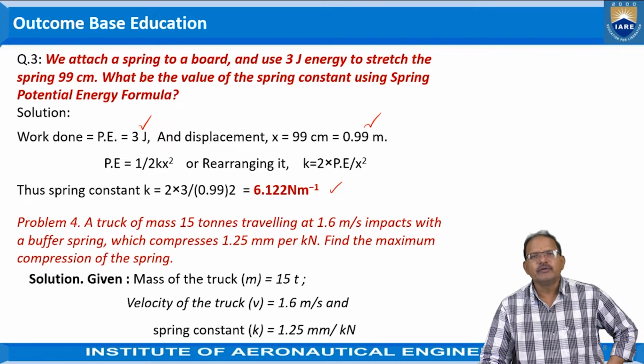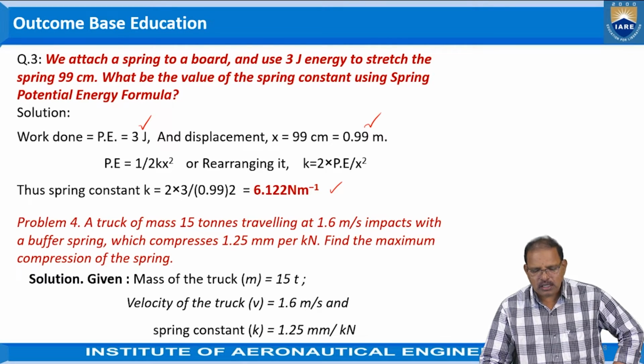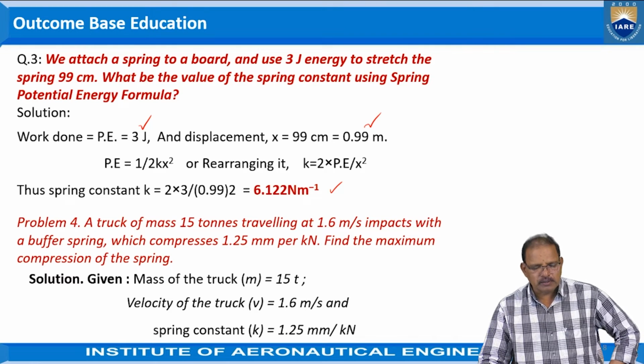A truck of mass 15 tons traveling at 1.6 meters per second impacts with a buffer spring which compresses 1.25 mm per kilonewton. Find the maximum compression of the spring.